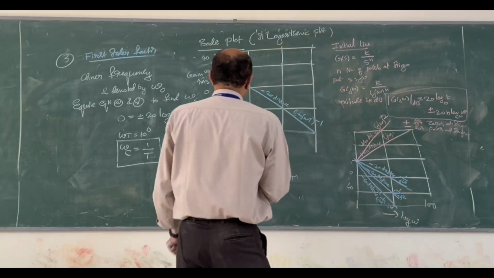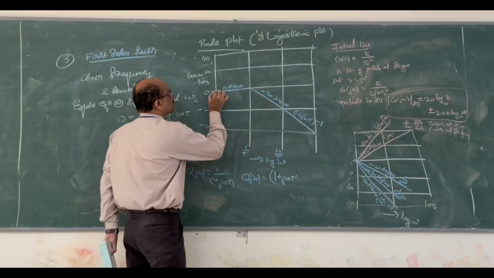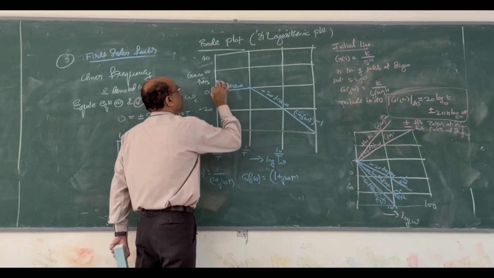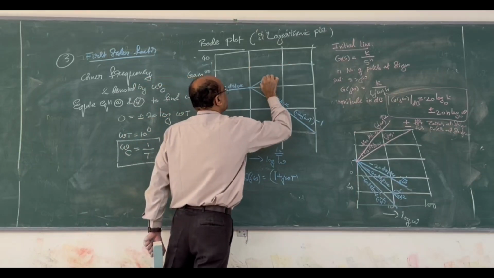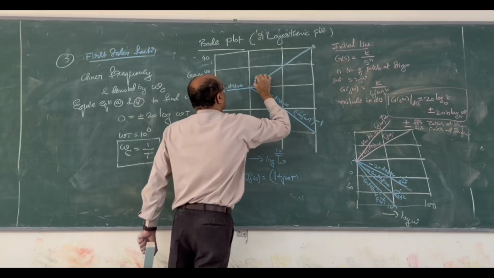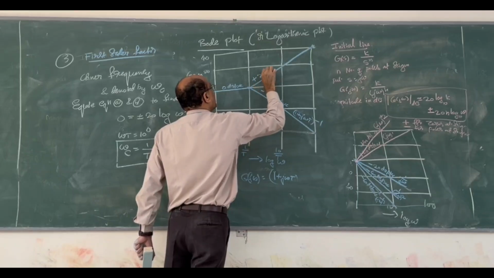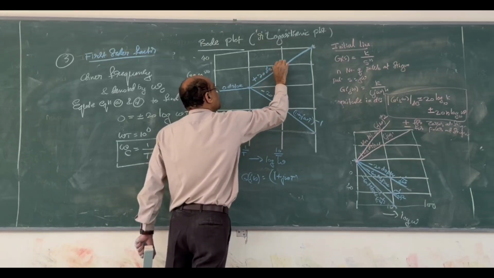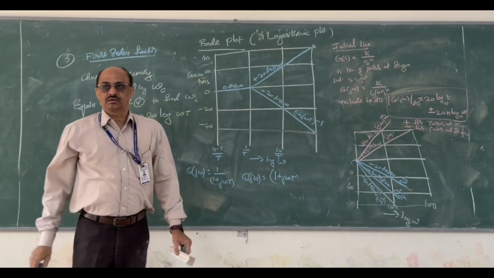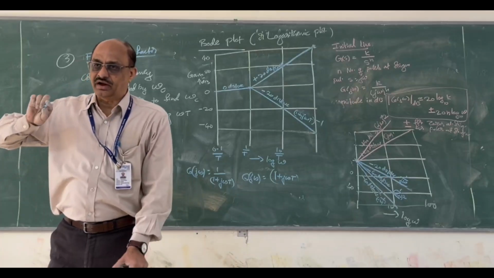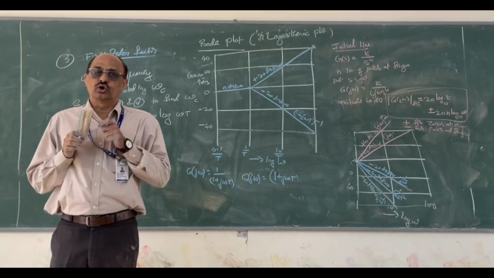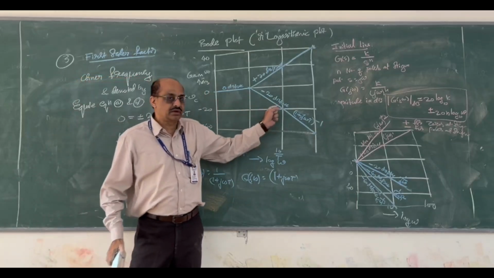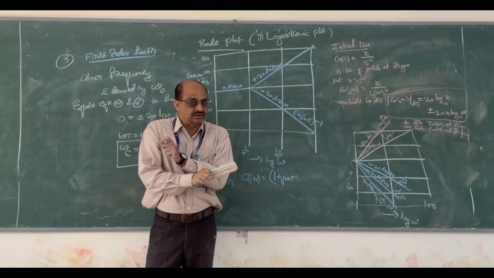Now, how to sketch? Till this point, it is 0 dB. Next, plus 20 dB per decade, as you change the frequency 10 times. Remember, a first order factor, a pole, always has a slope of minus 20 dB per decade only, nothing other than that.